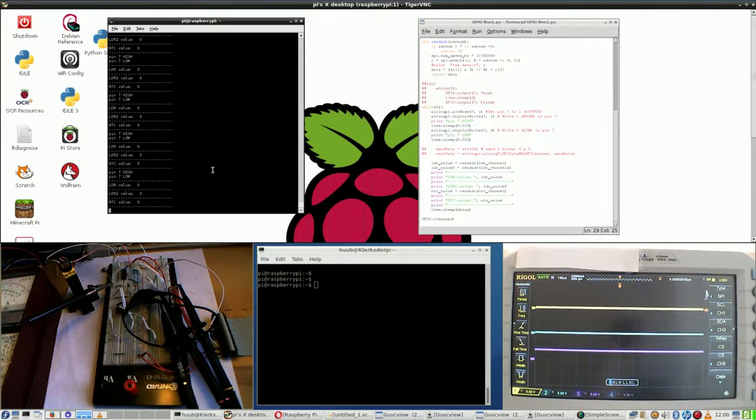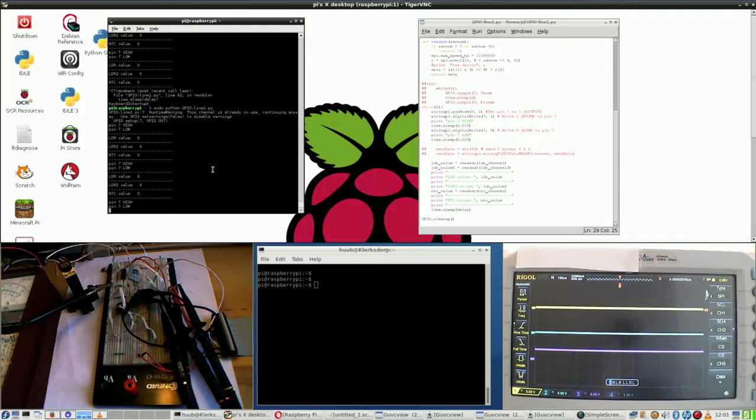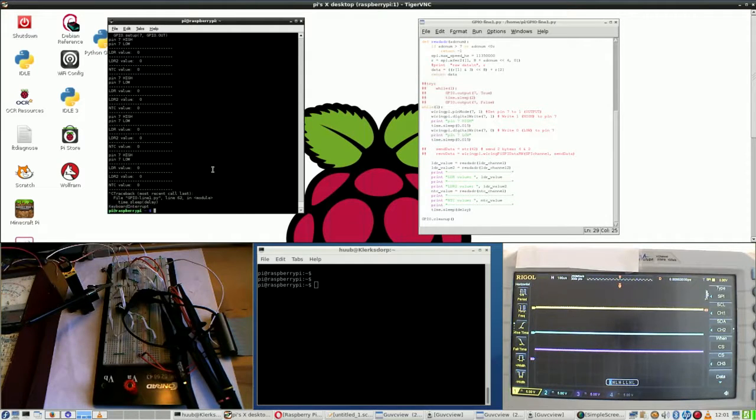So if there is no voltage over here, how can there be a signal here? So maybe it is time to measure indeed the resistance here, because this is leading to nothing, nothing at all.